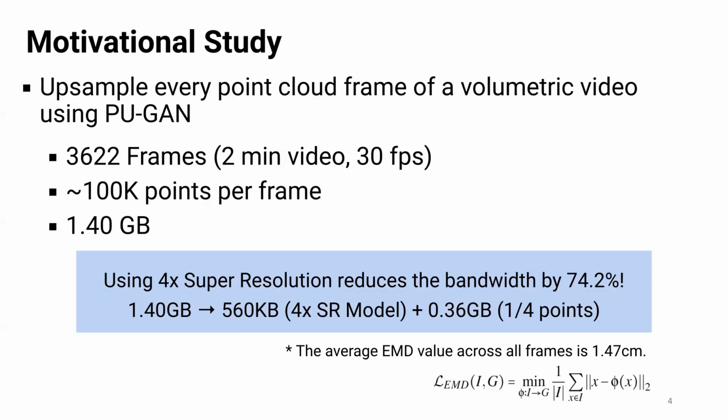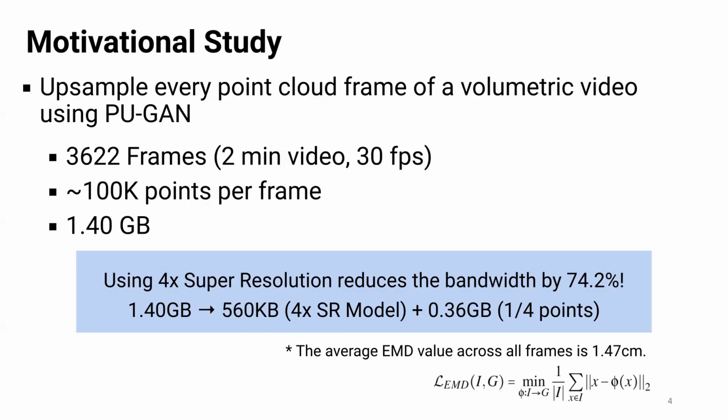By matching the points of the upsampled point cloud and the ground truth point cloud, and calculating the distances of each point match, that reduces the total sum of the length distances. So it's less than 1.47 centimeters, which is quite good.